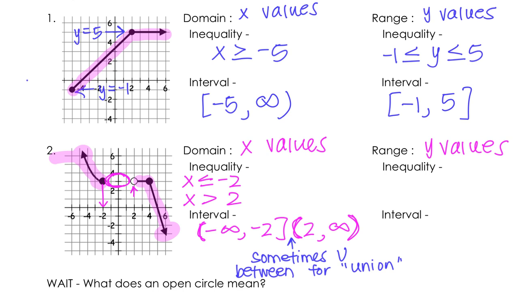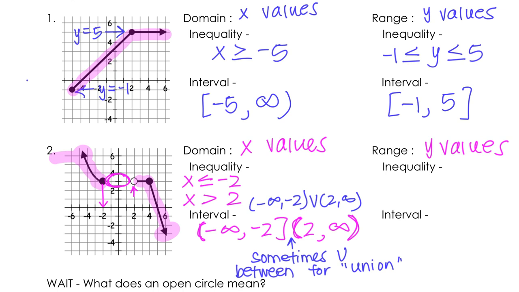I guess it's obsolete. So I just want to make you aware that you might see how it would look is it would be negative infinity to -2 union 2 to positive infinity. Just know that that little symbol in the middle means union, which just means they go together. You don't have to write that. You can just smush them together, okay? But if you see that, that's what that means.